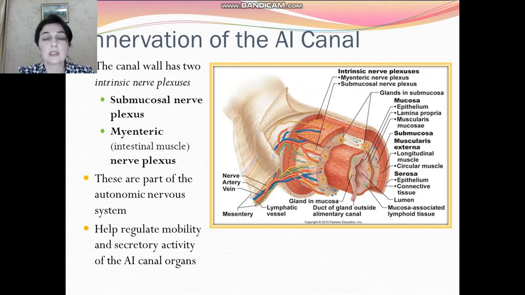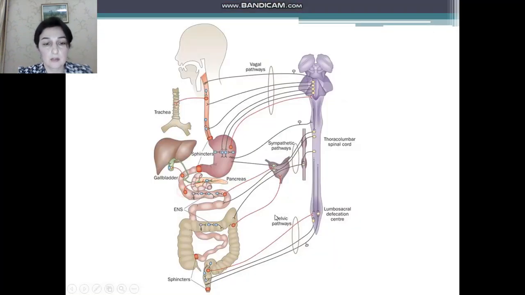The enteric nervous system extends from the esophagus to the anus. Here we are looking at the extrinsic component of the innervation of the alimentary canal, which is formed by sympathetic and parasympathetic fibers.